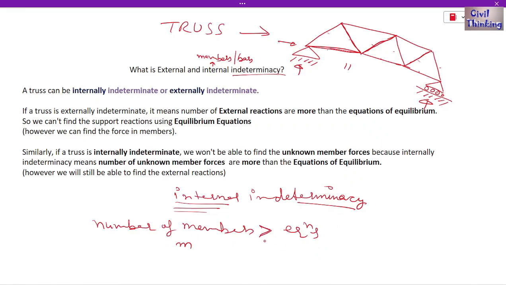It is internally indeterminate, and when it is equal or less, then it is internally determinate. So that is the concept of internal determinacy and external determinacy. And we don't have any formula for internally indeterminate; we will see that later on. You will understand everything. Let us move on first.